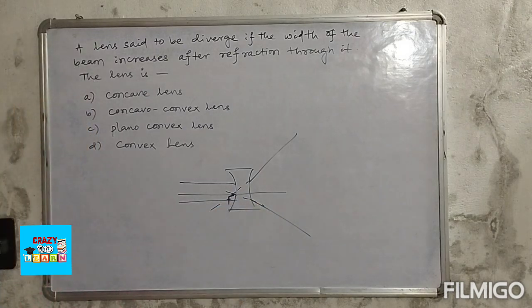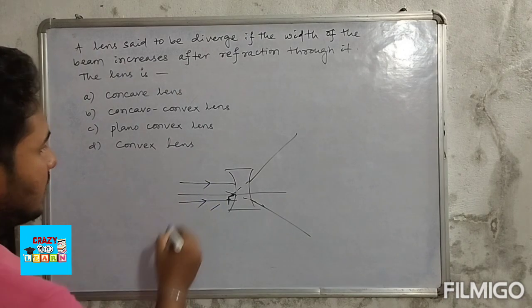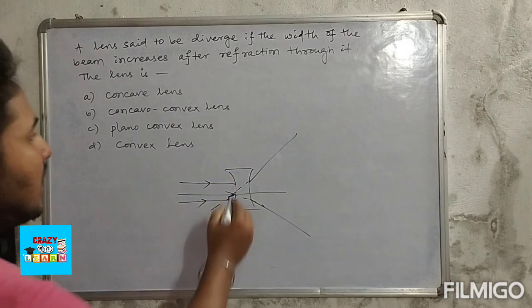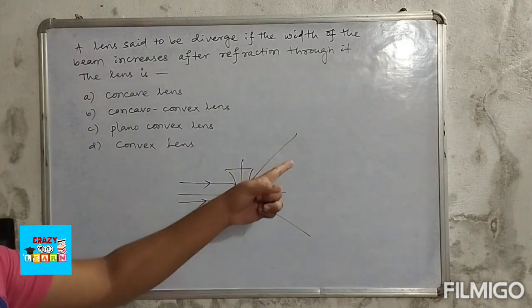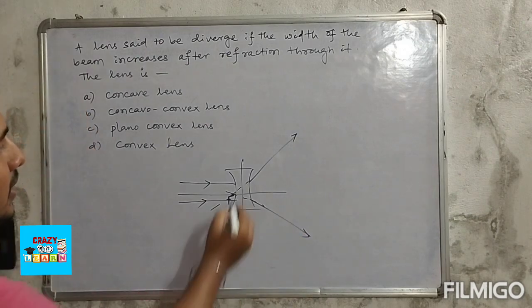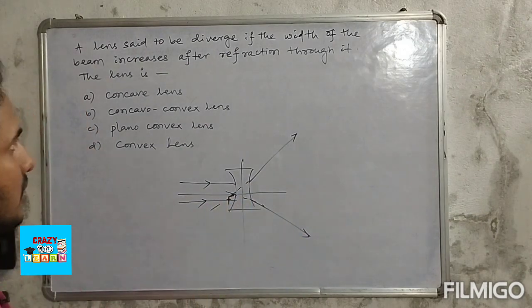We know it is the concept of concave lens. So the light rays parallel to the principal axis after passing through the concave lens will diverge and appear to meet at focus.